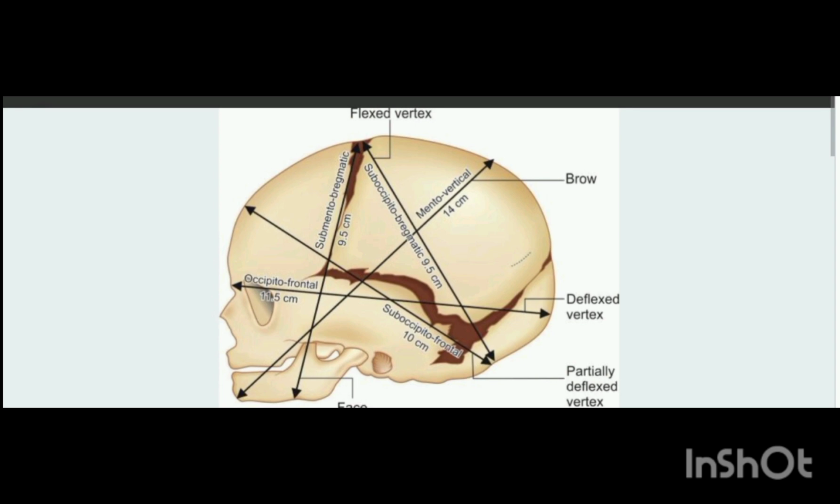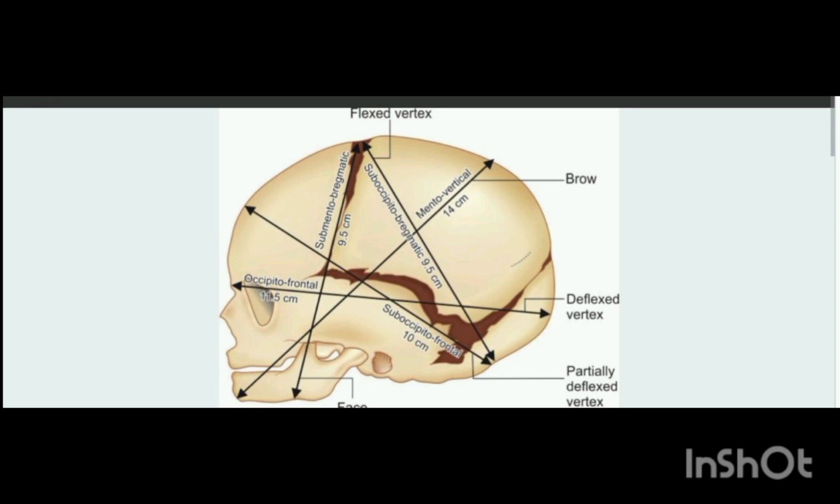So to measure the submentobregmatic diameter, we have to keep our tape a few centimeters away from the angle of the mandible, or we can say from the ramus of the mandible, to the anterior fontanelle. This is called the submentobregmatic diameter. This measures about 9.5 centimeters.